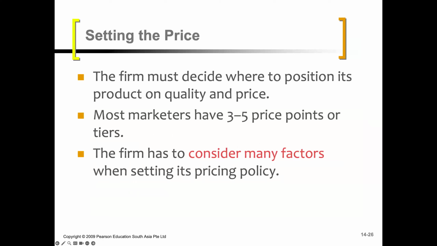It is the responsibility of the company to decide where to position the product on quality and price. Most marketers have about 3 to 5 price points or tiers. The firm has to consider many factors when setting its pricing policy, like the ones I mentioned before.